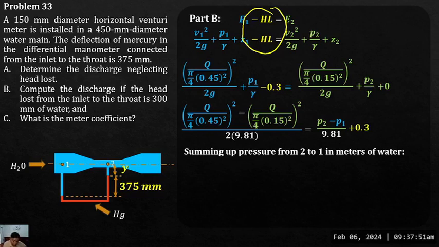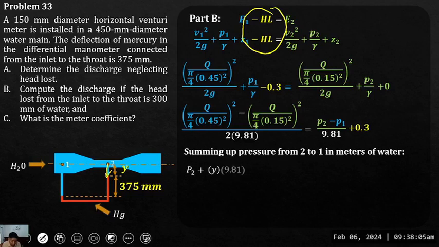Start ako sa 0.2. So again, from 0.2 to buong height ng point Y, that's Y times yung gamma natin ng tubig, that would be plus Y times gamma ng water, that's 9.81. Tapos yung height naman, pababa dito, this is mercury.